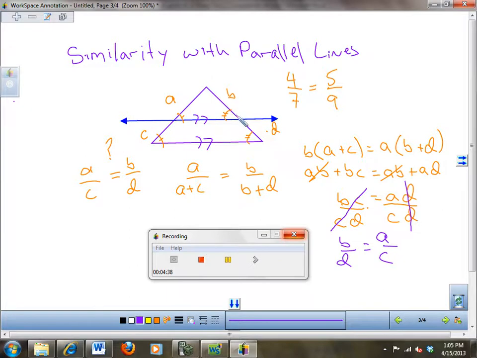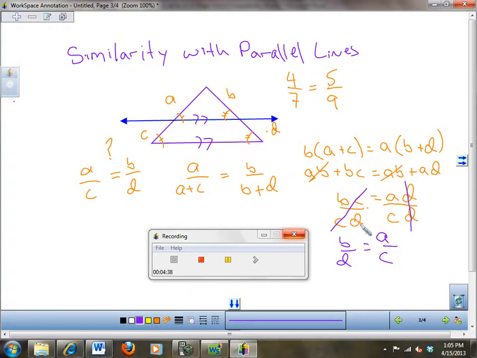B is the side of this triangle, and B plus D is the corresponding side of that bigger triangle, right? Then I cross multiplied, and I distributed through, and I subtracted like terms on both sides. Then how do I know how to divide by C and D? Sometimes you have to play with the letters and make things work, okay?